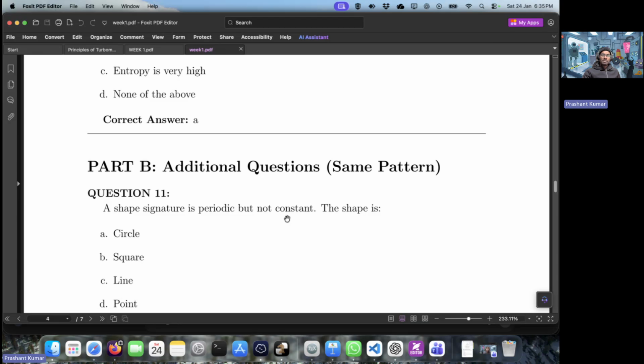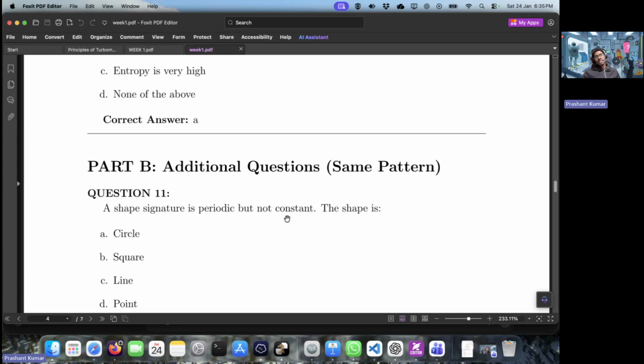So the shape signature is periodic but not constant. So basically, for all the theta, the L is changing, but it has a period, like after 90 or every 180, it is changing. It's definitely not the circle because it will be constant, and it can be a square.